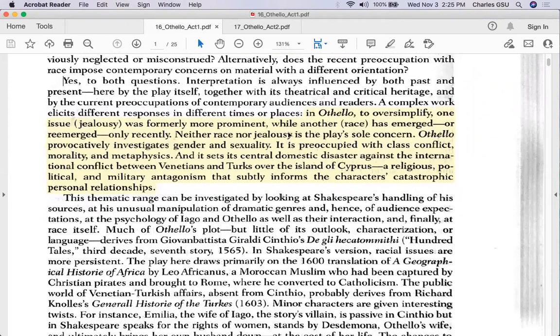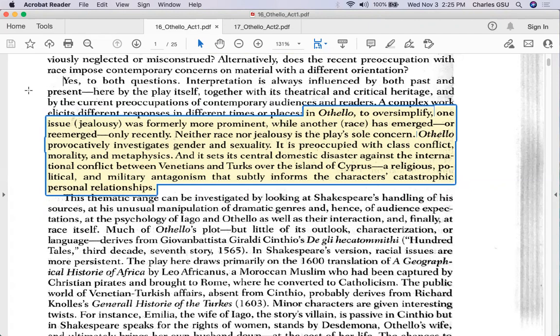And then to talk about the themes, Cohen says, in Othello, to oversimplify one issue, jealousy, was formerly prominent while another, race, has emerged or reemerged only recently. Neither race nor jealousy is the play's sole concern. In other words, he's admitting that yes, race and jealousy are certainly themes in the play, but it's much more than that. It's a very complex play.